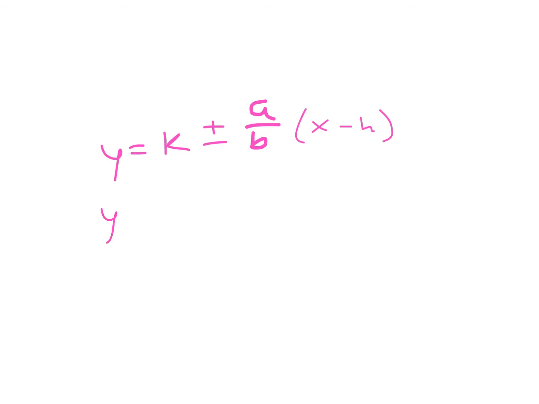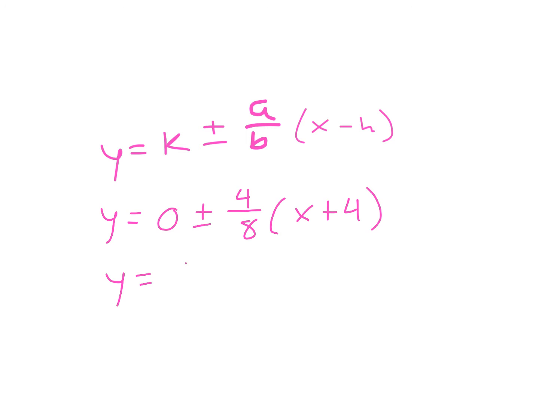What's my k? 0. Plus or minus. What's my a? 4. What's b? 8. X. And what's my h? -4. So it becomes x plus 4.